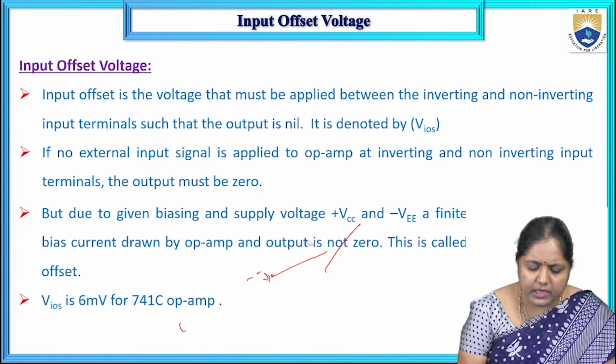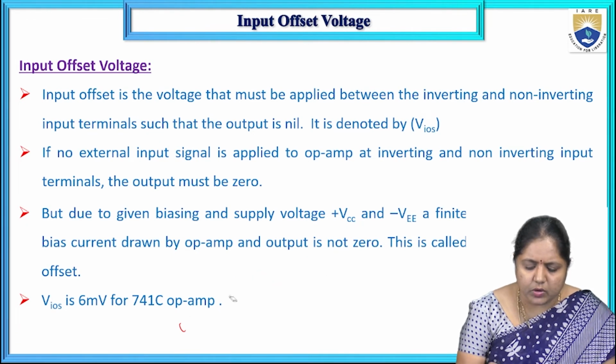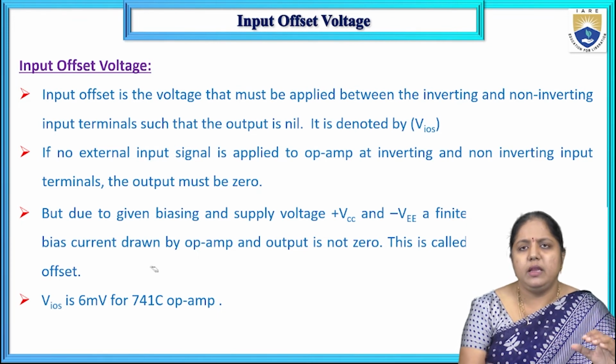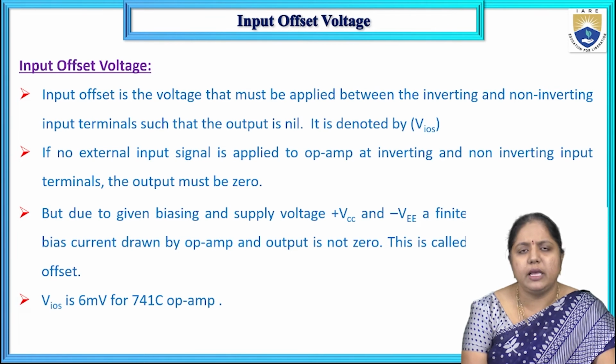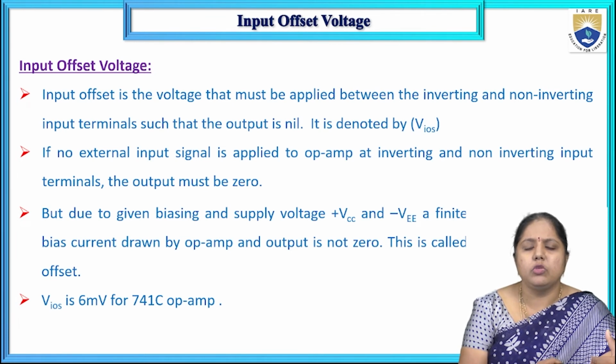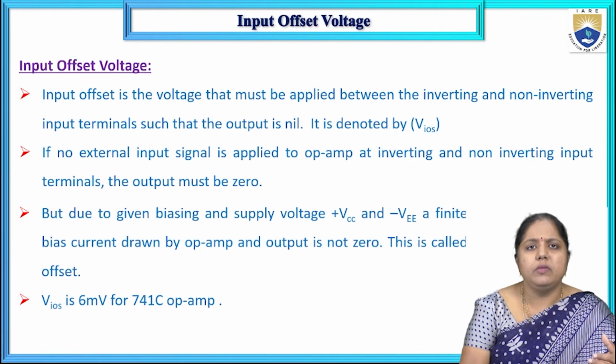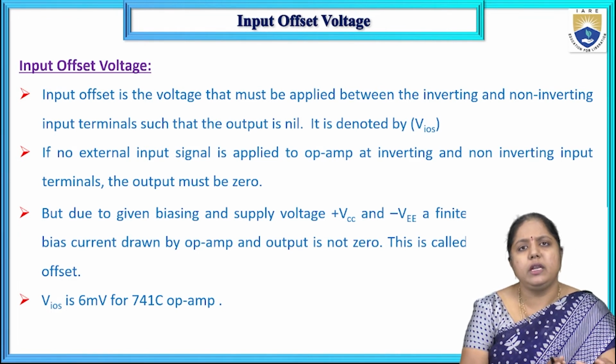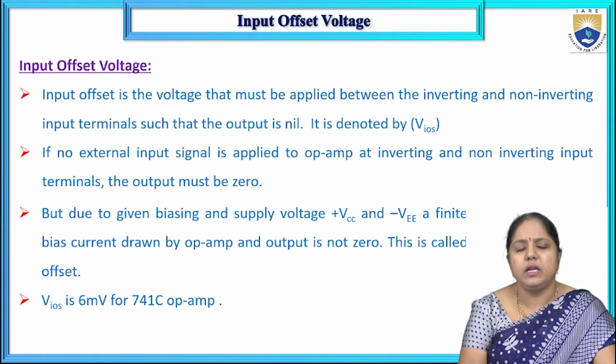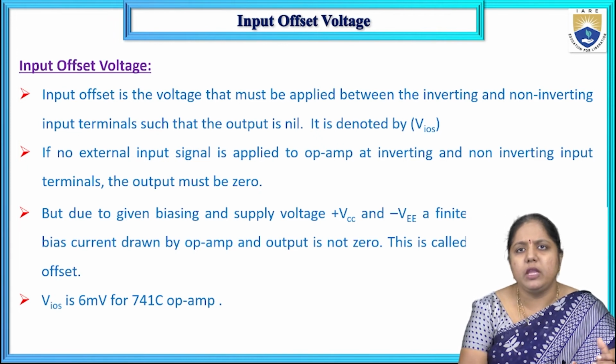Why is this happening here? It is due to the DC supplies and the unbalance between the internal stages of the operational amplifier, because there are so many stages in an operational amplifier. Perfectly, we cannot get a balanced circuit; definitely some unbalance will happen.